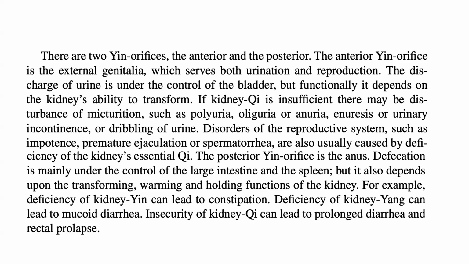If kidney Qi is insufficient, there may be disturbance of micturition, such as polyuria, oliguria, or anuria, enuresis, urinary incontinence, or dribbling of urine. Disorders of the reproductive system, such as impotence, premature ejaculation, or spermaturia, are also usually caused by deficiency of the kidney's essential Qi. The posterior yin orifice is the anus.